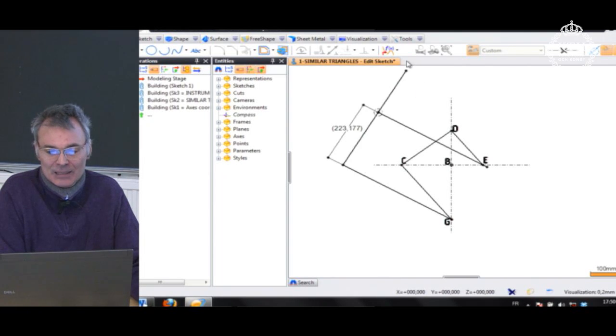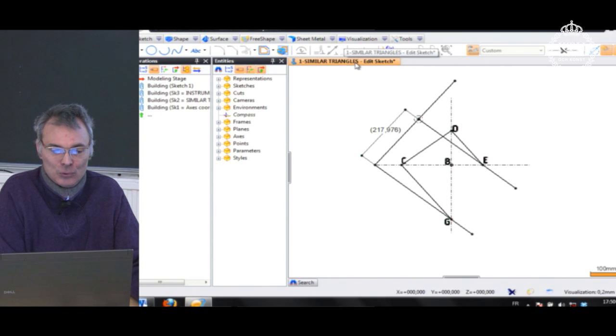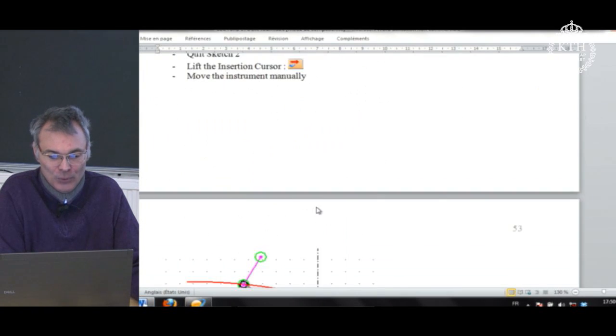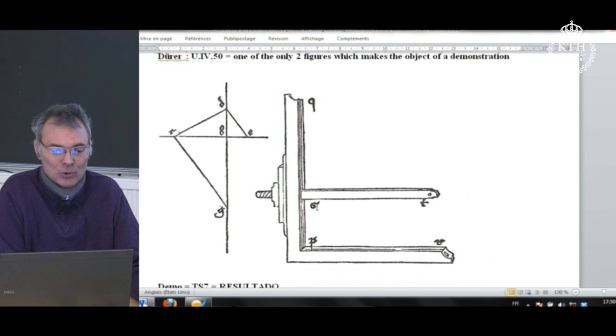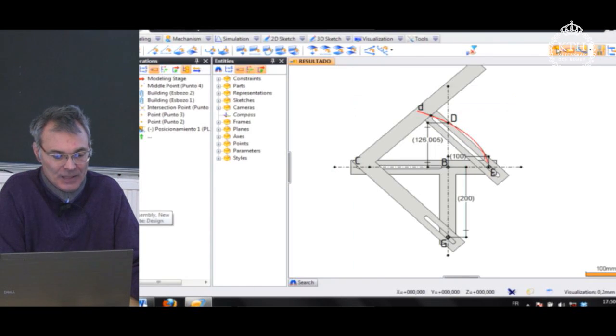So to do that, you actually have to build an instrument, and I have to show you what this instrument can be, both in the drawing that Dürer provides us with, and as the instrument alongside the geometric scheme that I did. And this is how it works if you build it on a software.